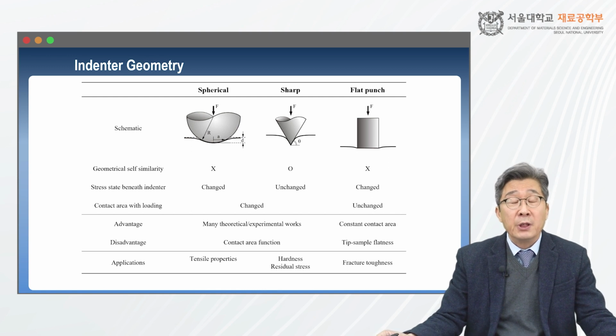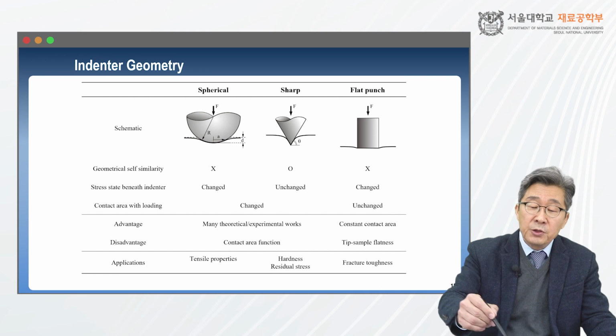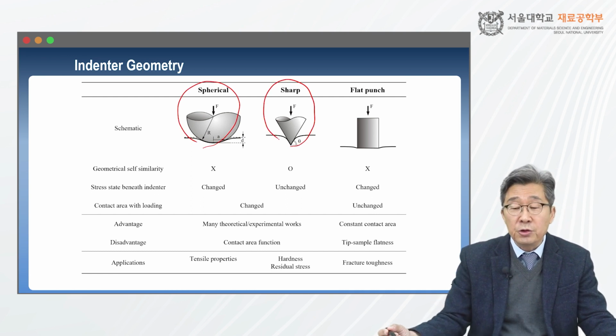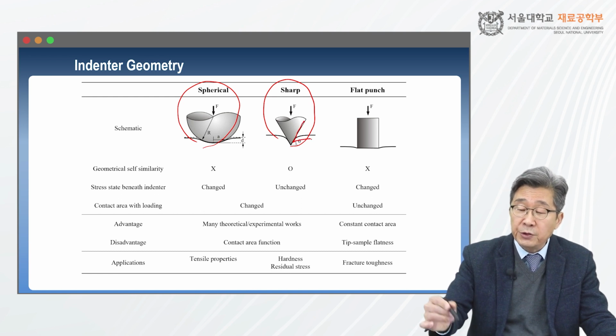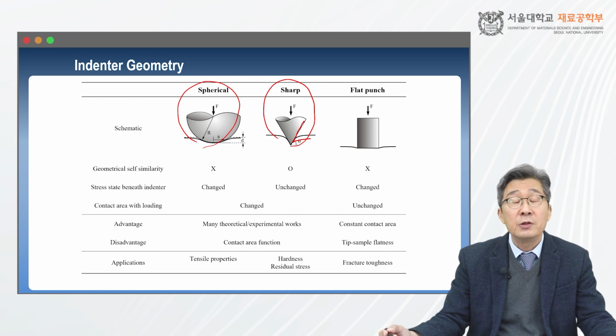Indenter geometry. We can group the indenter geometries into two: spherical and sharp. Due to the geometry of a sharp indenter, the angle between the indenter and the surface is not changed, which means surface strain during indentation is not changed.